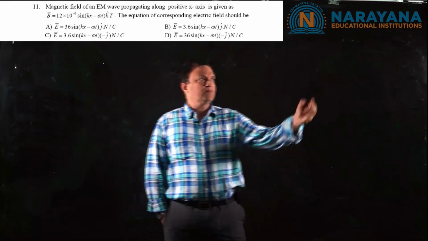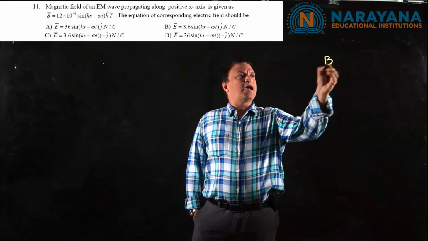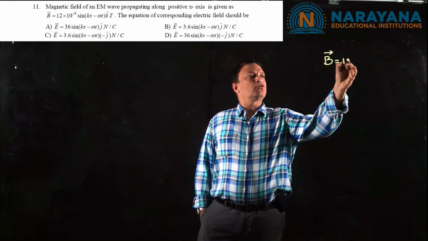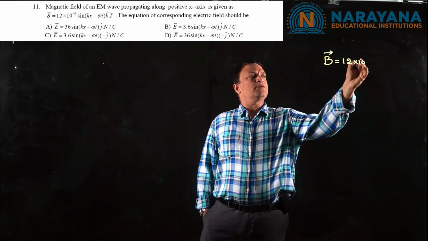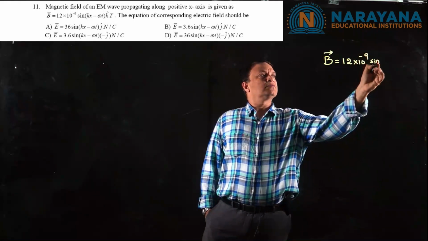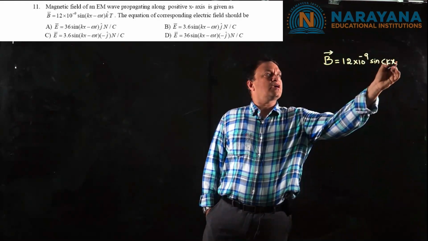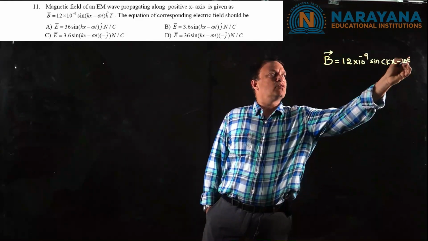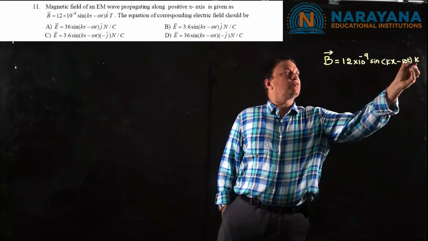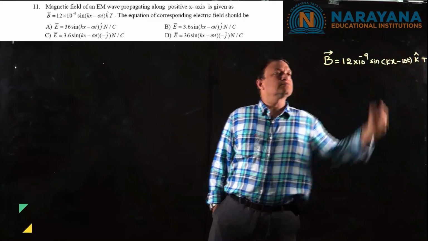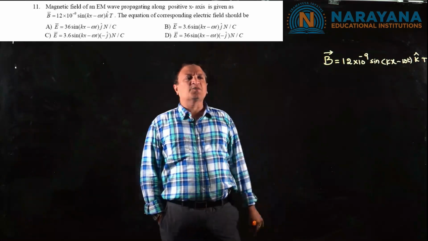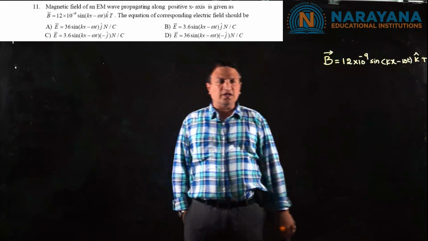And they have given the magnetic field as 12 into 10 to the power of minus 9 sin kx minus omega t k cap Tesla. This is the magnetic field. They want the corresponding equation related to the electric field.